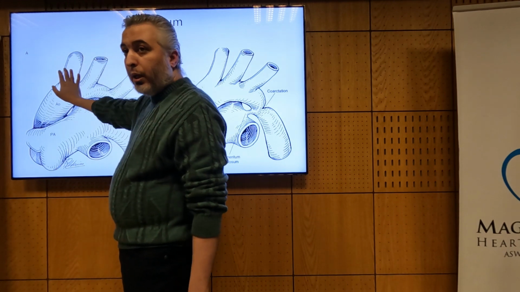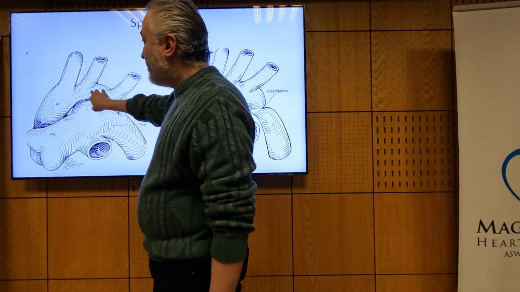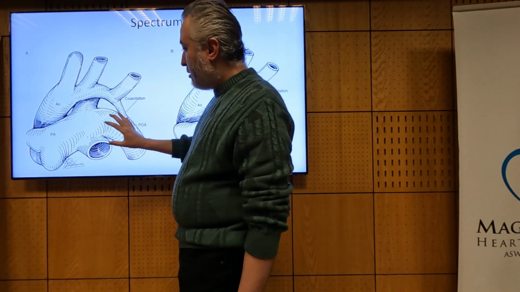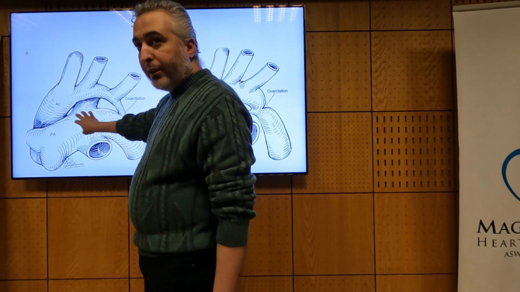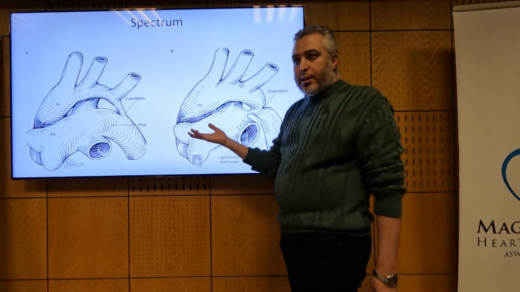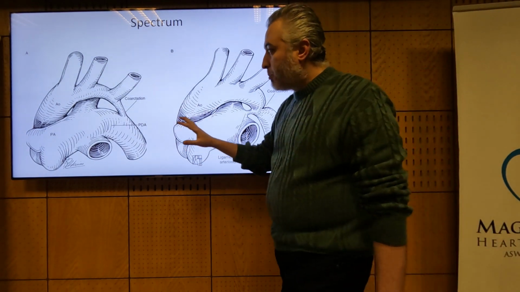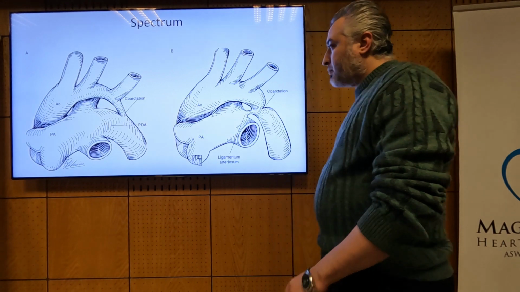You also get a hypoplastic arch, and the amount of blood flow going from the ascending into the descending is actually very little, so that most of the blood going into the descending aorta is dependent on the presence of a patent ductus arteriosus coming from the pulmonary artery. And some of these patients actually have duct-dependent systemic circulation. So they depend on blood coming from the PDA into the descending.